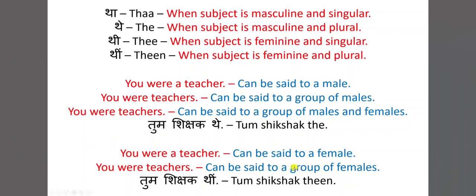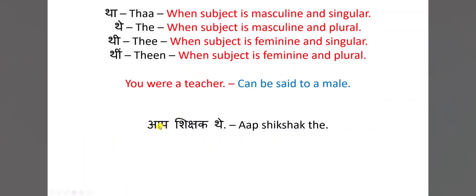Alright? Next, आप शिक्षक थे. आप शिक्षक थे can be said to a male. When we use आप, it is respectful, right? So आप here is you, शिक्षक is teacher, थे is were. So you can say this to a male.